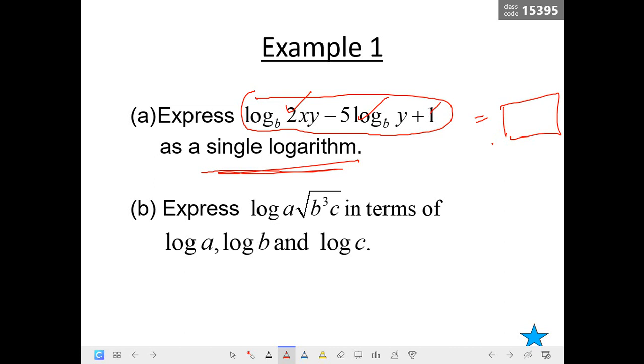That is our aim. For part b, express one single term as separate terms. So part a is from many terms to one term, and part b is from one term to many terms.